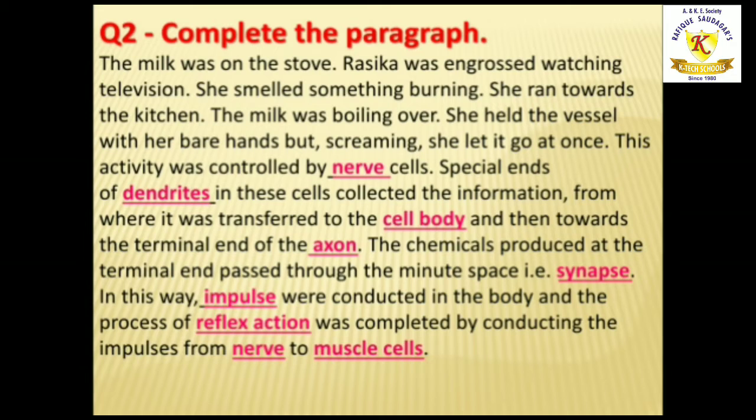In this way, impulses were conducted in the body and the process of reflex action was completed by conducting the impulses from nerve to nerve cells. Understood, children? Let's see the next one.